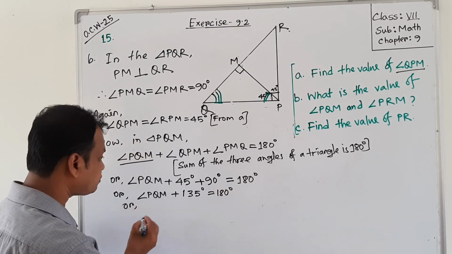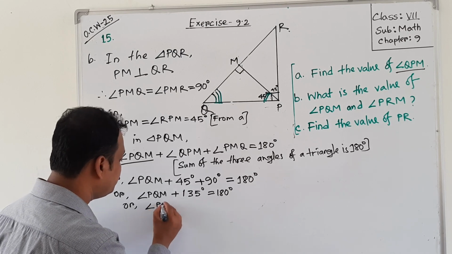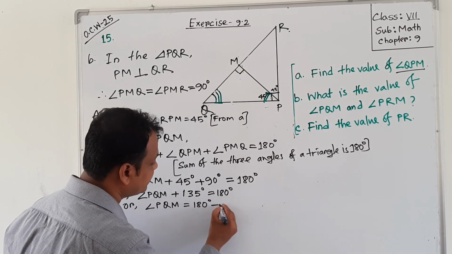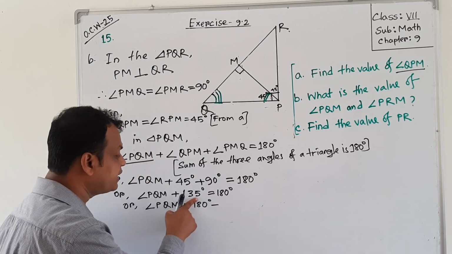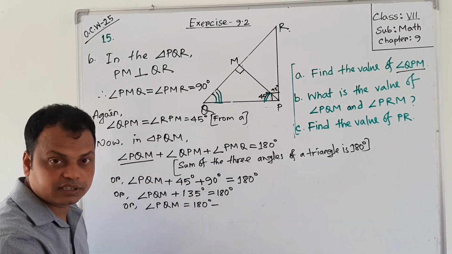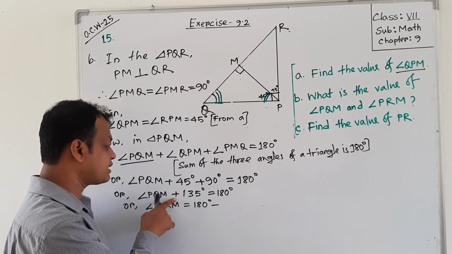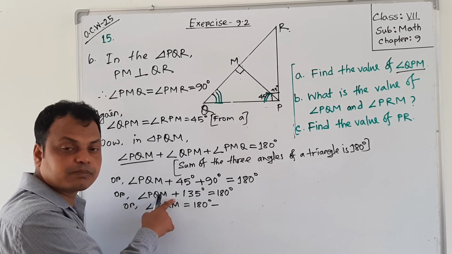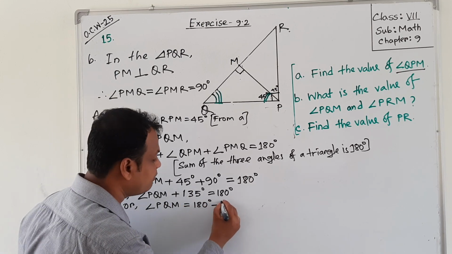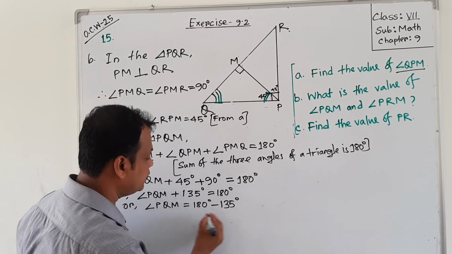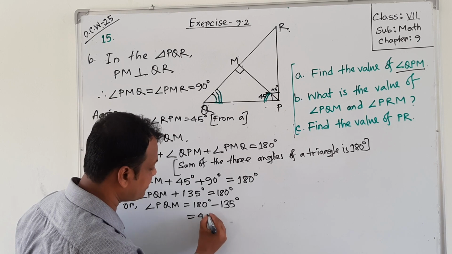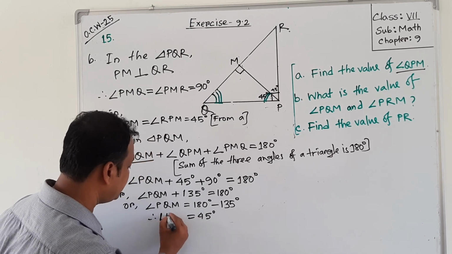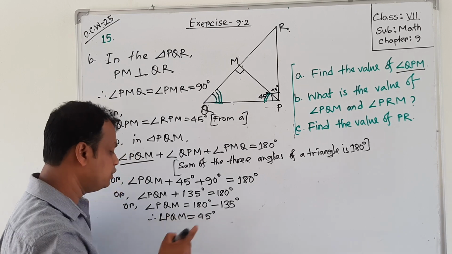Or angle PQM equals 180 degrees minus 135 degrees. When 135 changes its side, it goes to the opposite side, so plus becomes minus. 180 minus 135 degrees equals 45 degrees. Therefore angle PQM equals 45 degrees.